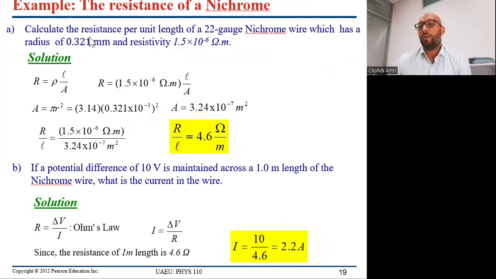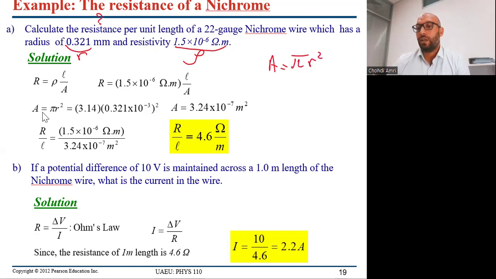A second example: calculate the resistance per unit of length of 22 gauge nichrome wire, which has a radius of 0.321 millimeter and resistivity 1.5 times 10 power negative 6 ohm meter. This is the radius. He's asking about the resistance. As you know, the resistance is rho L over A. But here we don't have the A. Because it's cylindrical, A equals pi R squared, where R is the radius.